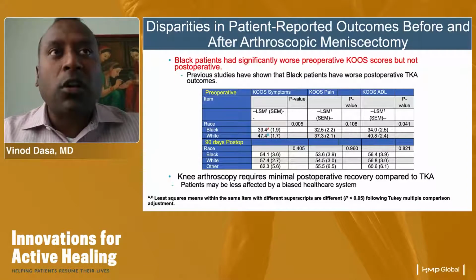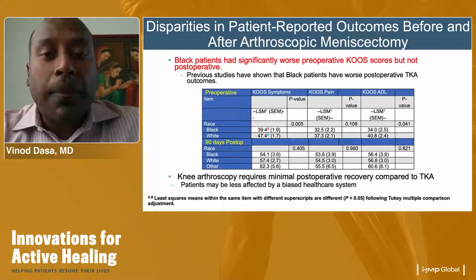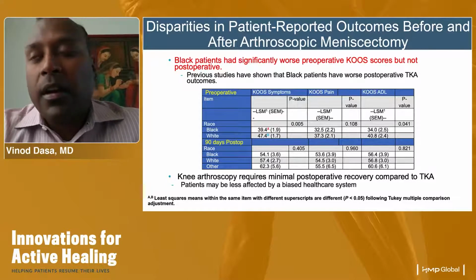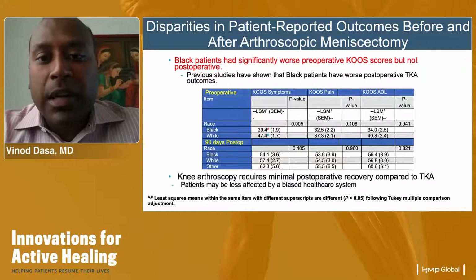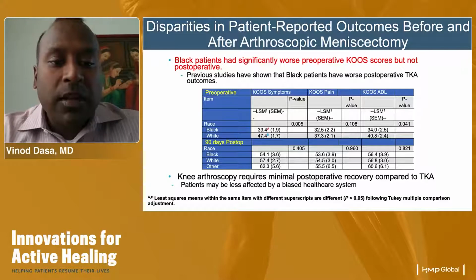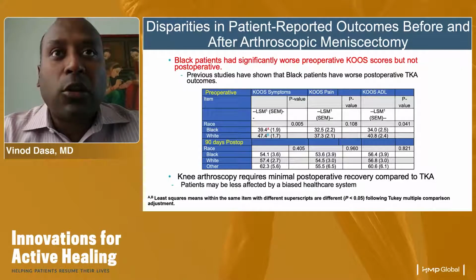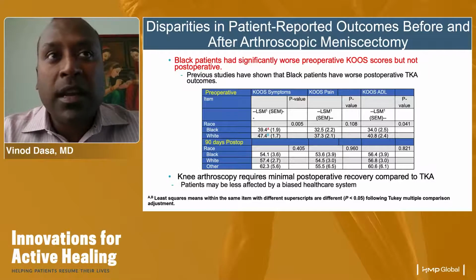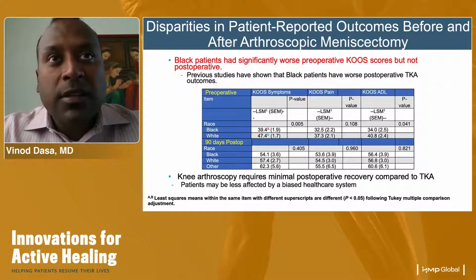We also wanted to look at how our non-white patients were doing compared to our white patients in the context of a bread and butter surgery, arthroscopic meniscectomy. We found our non-white patients were starting off at a lower point compared to our white patients prior to knee arthroscopy for meniscus tear. But what we found post-operatively was a little intriguing.